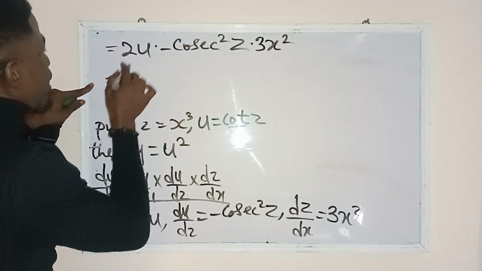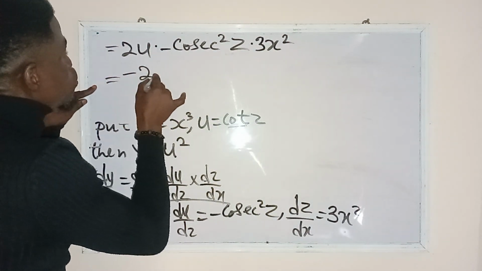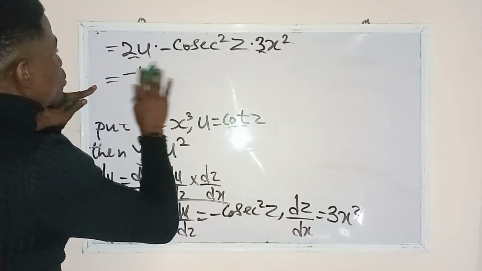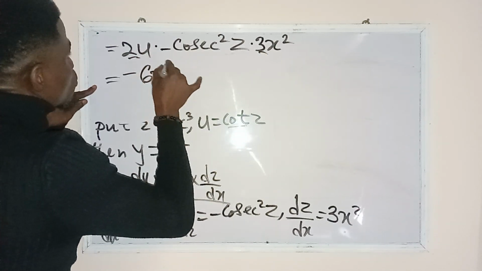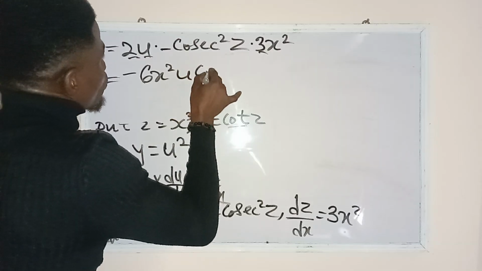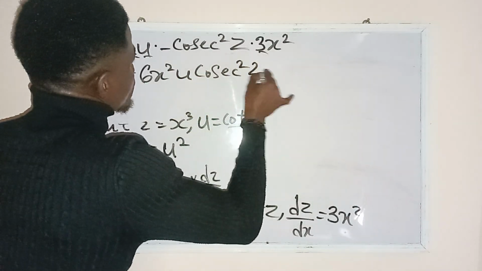Okay, you can bring out the minus, this one will give you minus 2, multiply this together, it will give you 6x squared, then we have u cosec squared z.